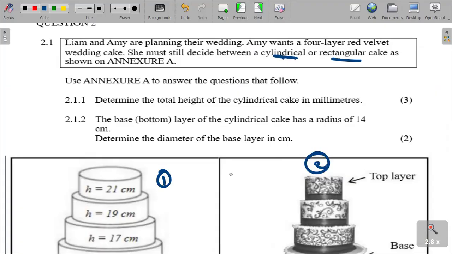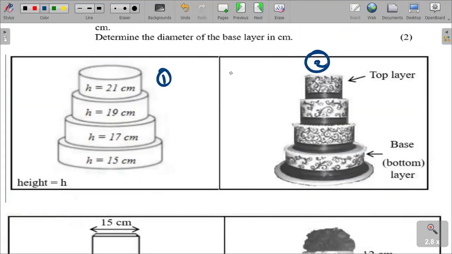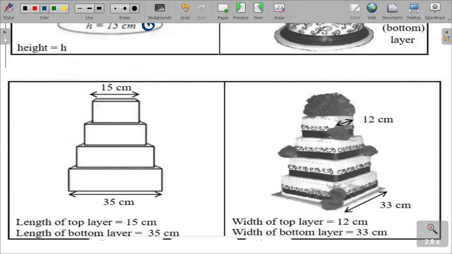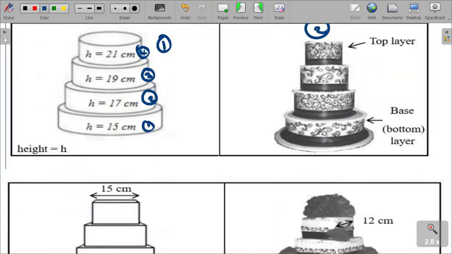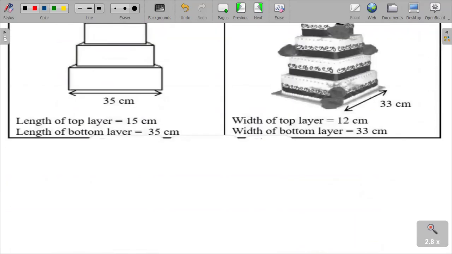These are the heights given: we have 1, 2, 3, and 4. In order to calculate this, we must find the sum in centimeters.